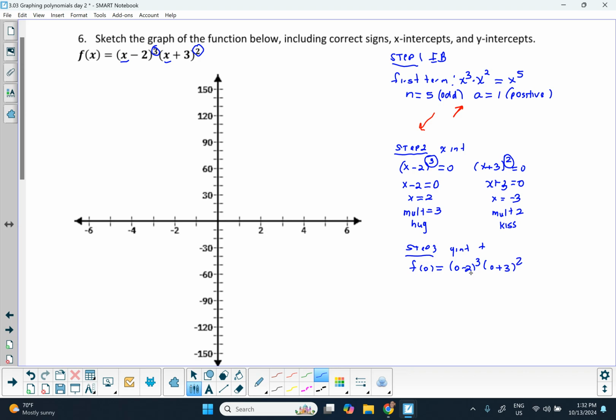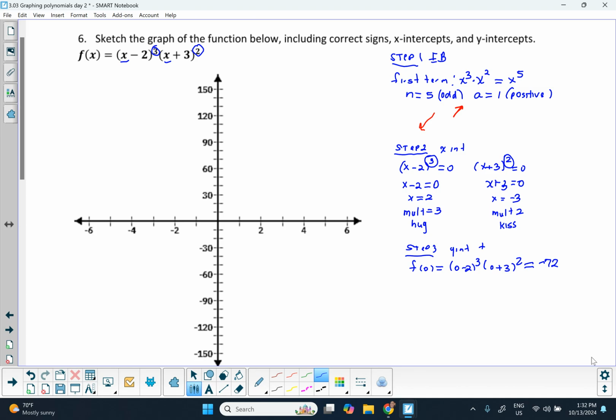So 0 minus 2 is negative 2 cubed is negative 8. 3 squared is 9. Negative 8 times 9 is, whoops, I don't know why it's not writing for the second. There we go, negative 72.